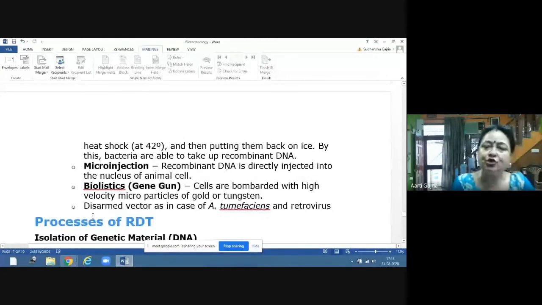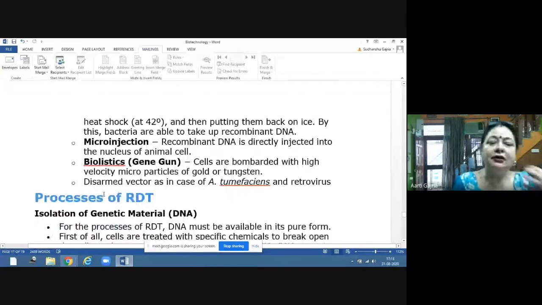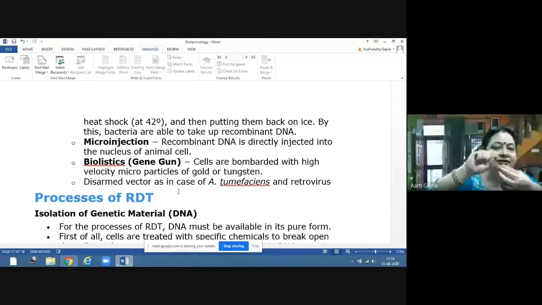Then there is another method to put the recombinant DNA directly, that is called biolistics or gene gun. Now as the name suggests, it is a gun. With the help of the gun, the cell is bombarded with high velocity microparticles. Gold particles are taken, and these gold particles carry the DNA with them.